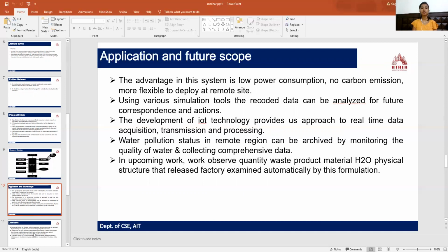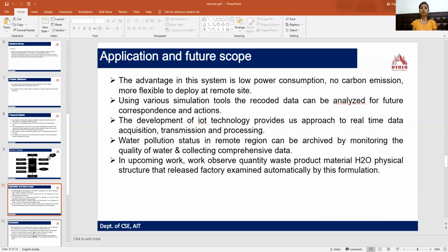Water pollution status in a remote region can be determined by monitoring the quality of water. By knowing the quality of the water, we can know the status of water pollution in a particular region and collect comprehensive data.